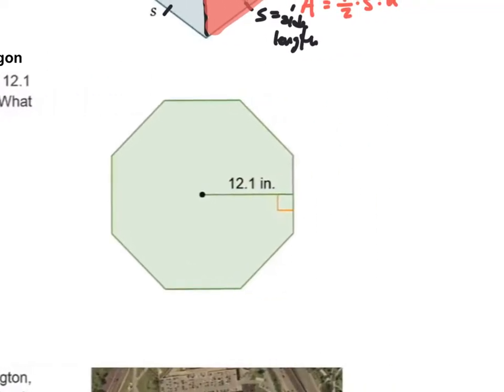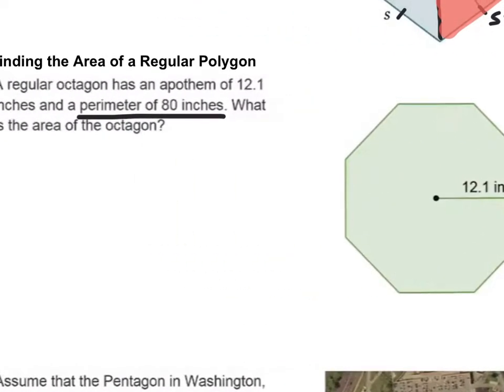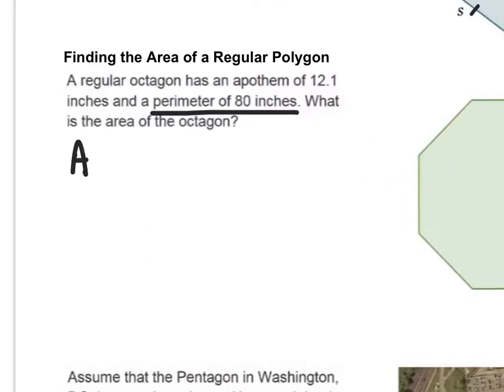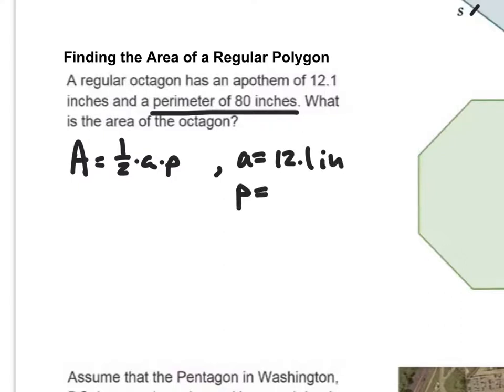It's pretty easy to use our formula of 1/2 times the apothem times the perimeter. I'm just going to plug those values into my formula for A and P, and we'll evaluate.